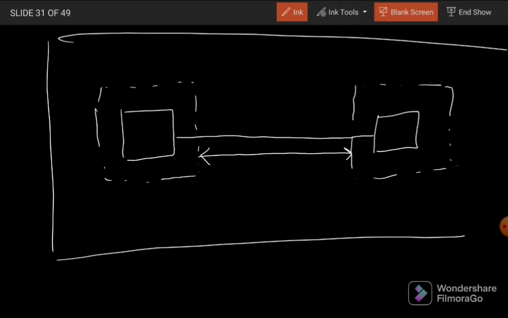From the face to face of the column, or from the column capital to column capital, or drop panel to drop panel. So in this case, Ln will be this one, and if there is no drop panel, Ln will be this one.